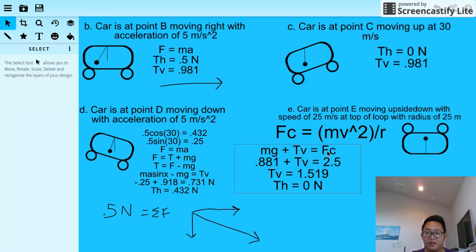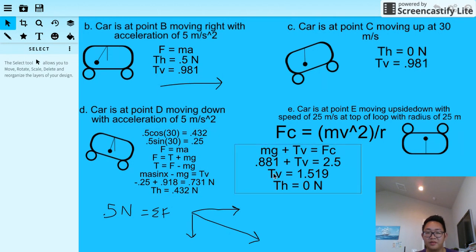So we set it up like that, we substitute, and then we can isolate for tension vertical. We know the weight and we know the centripetal force. So we can just add those, or subtract those, I guess. And that gives us tension vertical, which is 1.519 newtons.